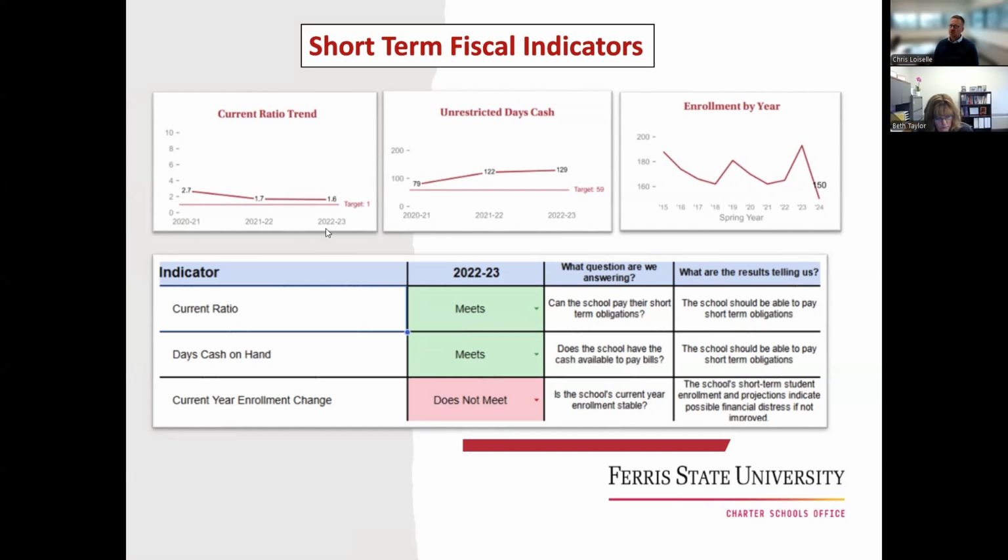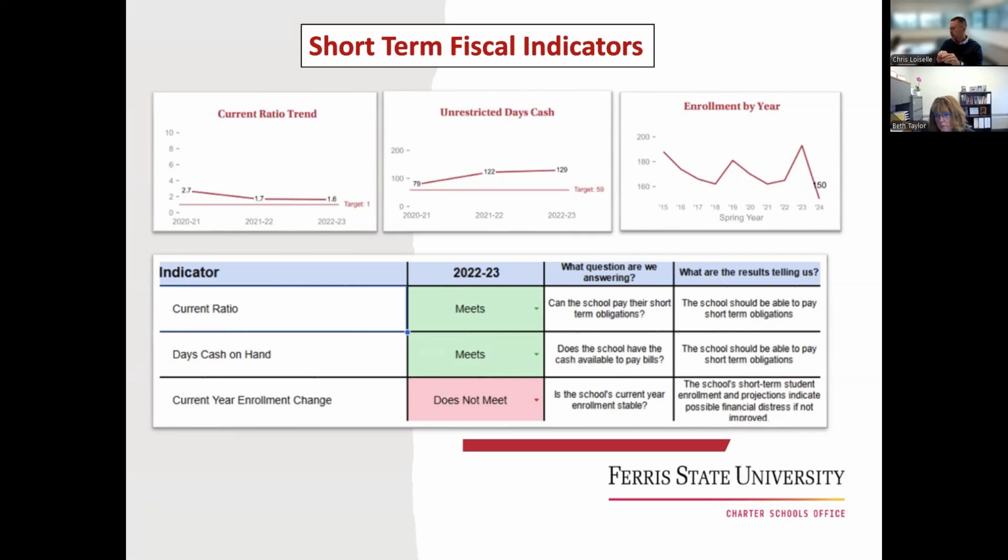So the current ratio trend tells us here at the CSO how much in current assets you have versus current liabilities. So the higher the number here, the better. And you don't want to be below 1, because 1 means you have exactly the same amount of current assets that you do in current liabilities.